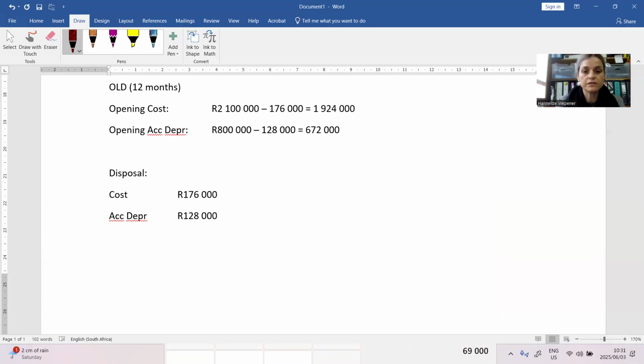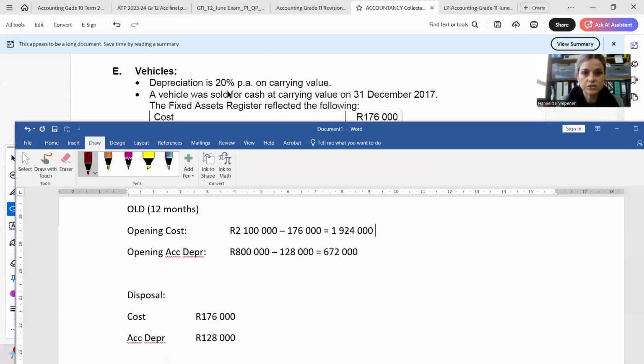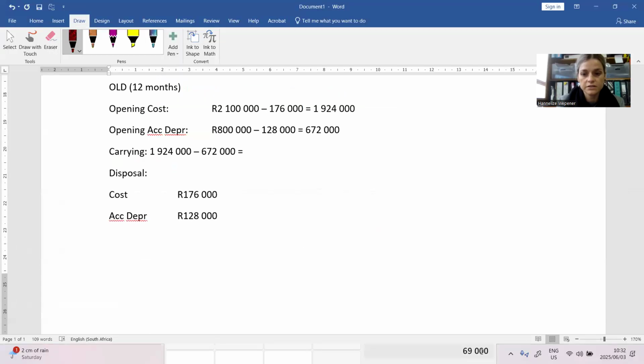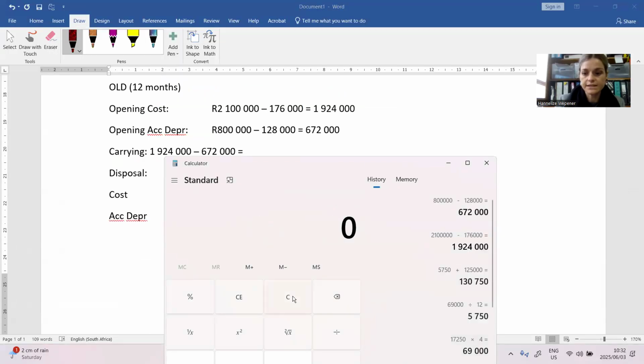So the old vehicles you had for the full year, and depreciation is calculated on 20% using the carrying value. So the carrying value here is your cost minus your accumulated depreciation on the first day of the current financial year. So it is our 1,924 minus the 672.